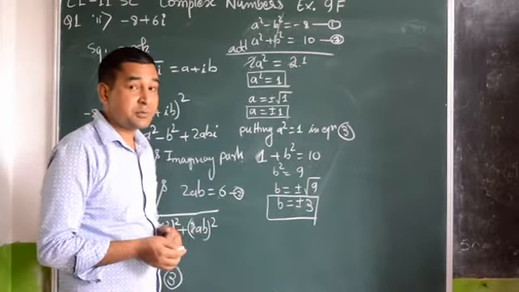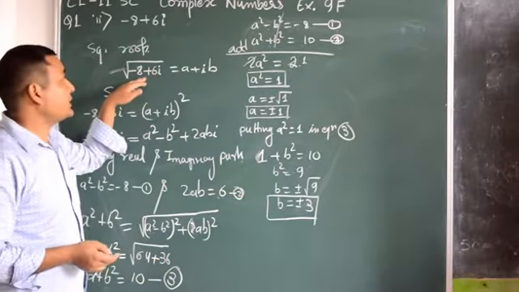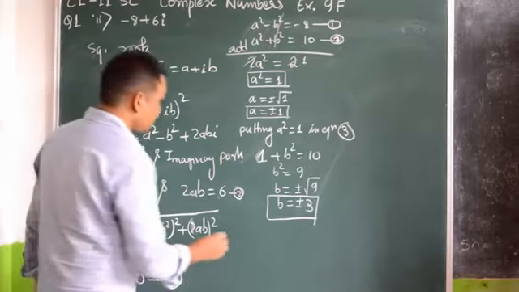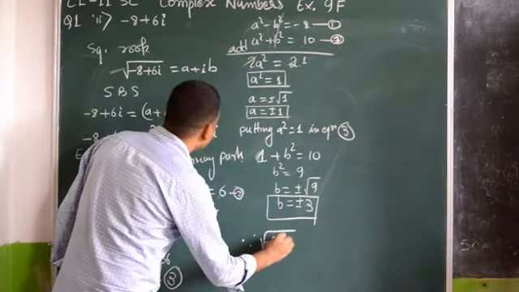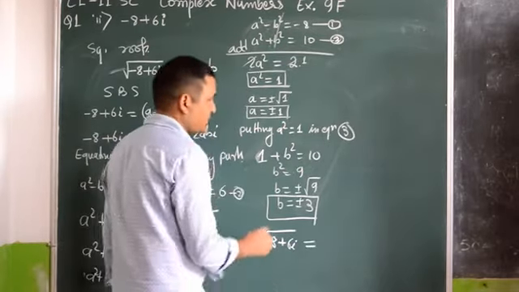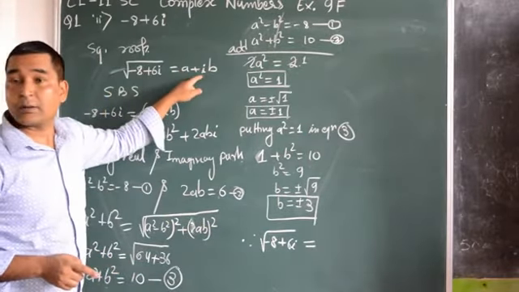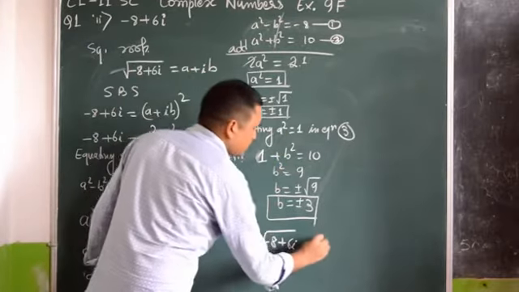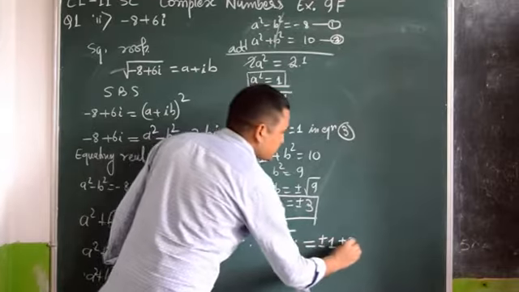Now step 6, substitute these values of a and b in step 1 to get the square root of the given expression. Therefore the square root of minus 8 plus 6i equals a plus ib. a is plus minus 1, b means plus minus 3i.